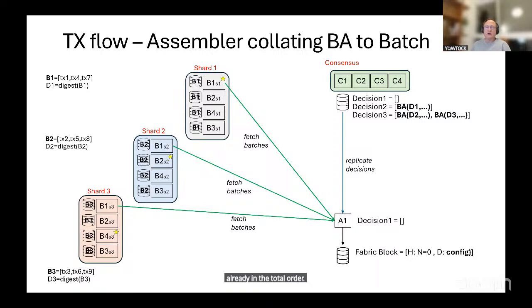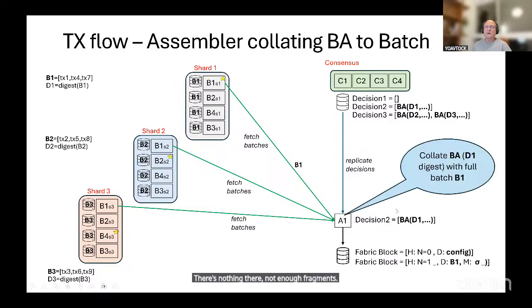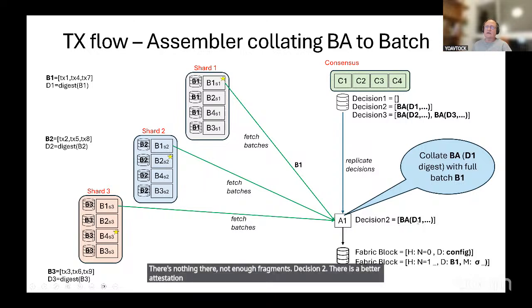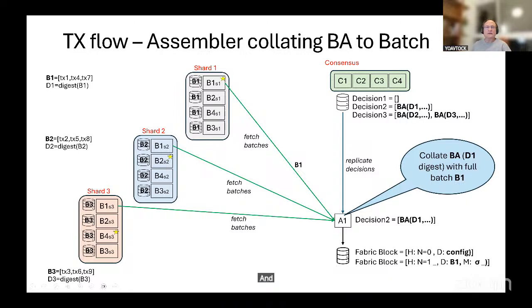So decision 1, as we saw earlier, there is nothing there, not enough fragments. Decision 2, there is a batch attestation that carries digest 1, which corresponds to the first batch, and it knows that it's in shard 1 somewhere. And then it can get it from shard 1 and put it in a block.